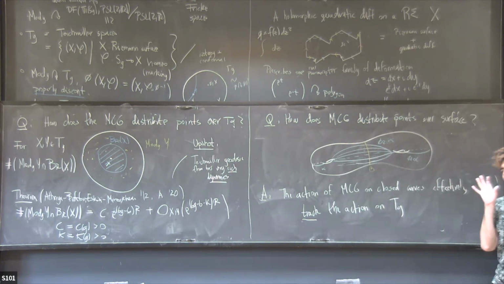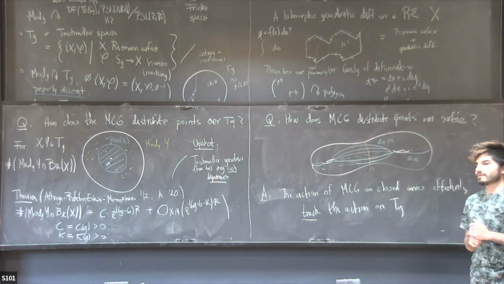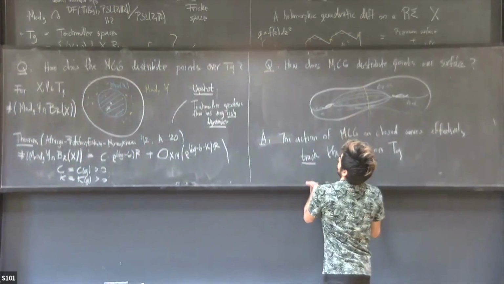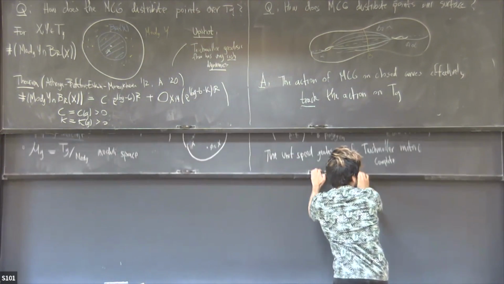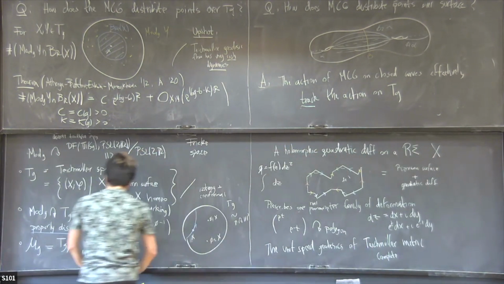If you squint, you can see something of that sort going on. The point of this tracking is that your main theorem will follow from it. That's the main point. So let me tell you what tracking means. And if I have a few minutes, I'll maybe go back to the original statement.